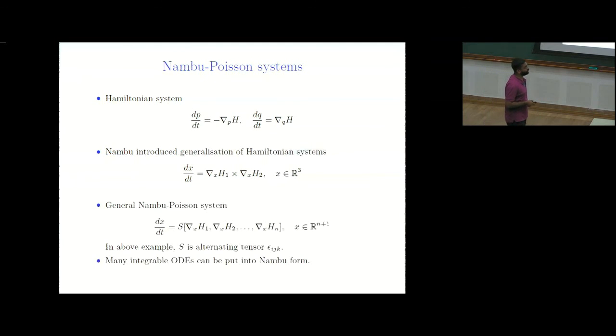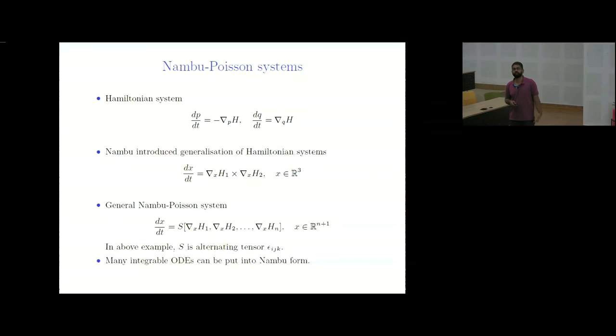Turns out you can actually make a further generalization to an arbitrary dimension, n+1, right? Where you have the gradients of n Hamiltonians, and you use them with some tensor S. So one example would be the Levi-Civita symbol, epsilon ijk.